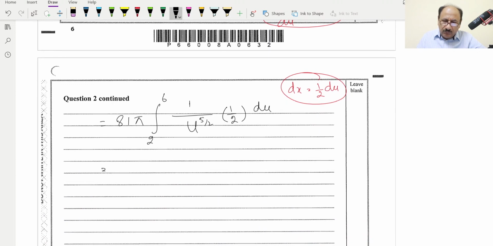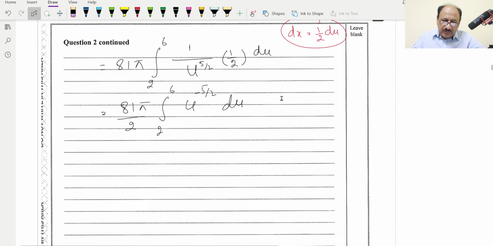Now we can move u raised to the power 5 by 2 to the numerator, so 81 pi, and over this we can take out 1 by 2, and the integral from 2 to 6 of u raised to the power minus 5 by 2 du.